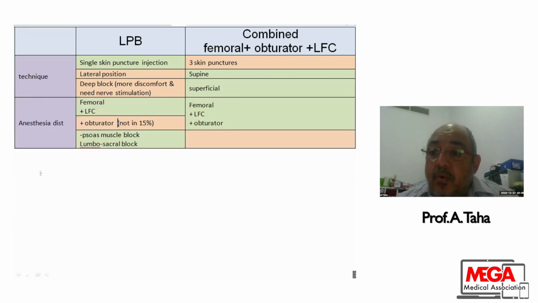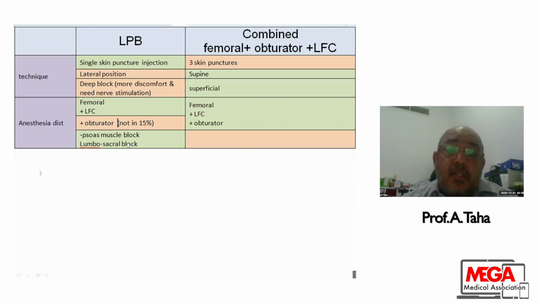Regarding the anesthesia distribution, both result in a good success rate of femoral nerve block and lateral cutaneous nerve block. However, with the lumbar plexus block, in 15% of cases, it may miss the obturator. This does not happen when you select the obturator. It's a very successful block when you do a selective obturator block.